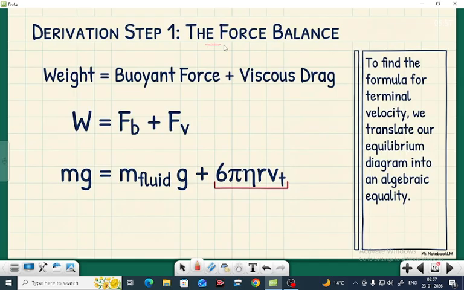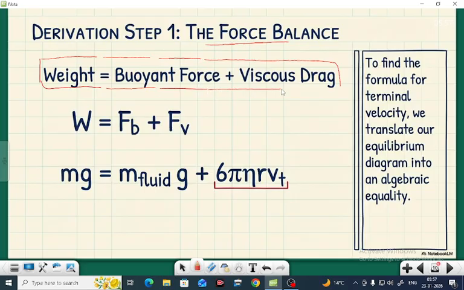the force balance. What is that? Weight equal to buoyant force plus viscous drag. I already told you that the force of weight is equal to the buoyant force plus viscous drag.